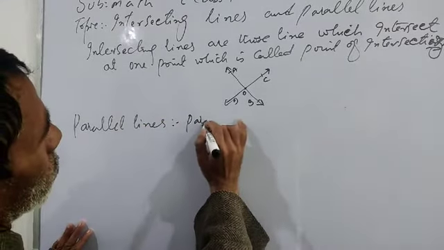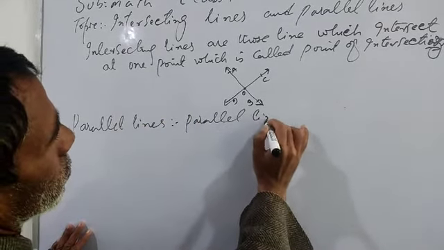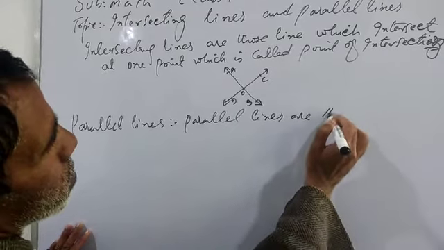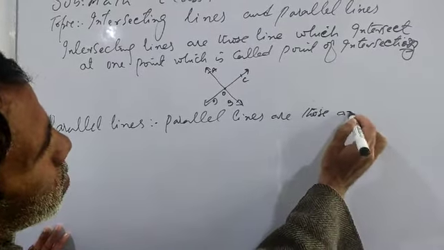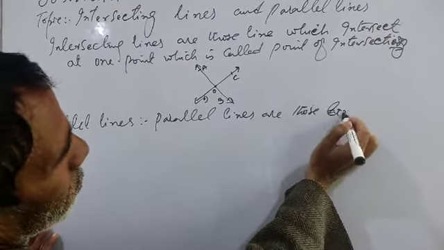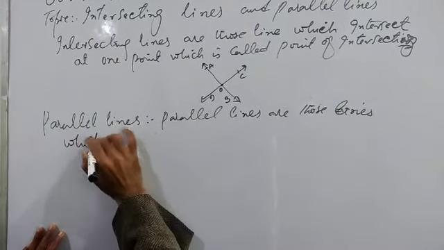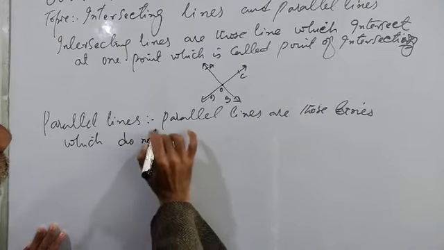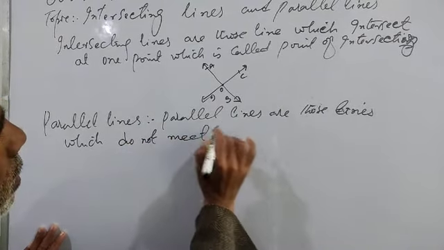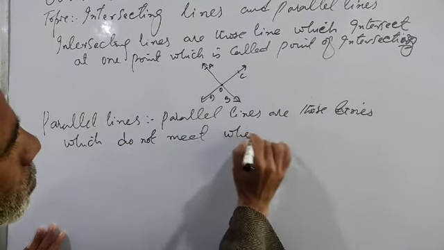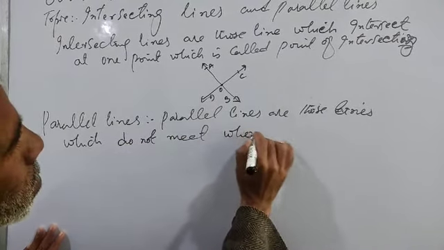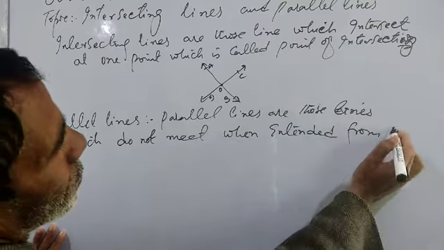Parallel lines are those lines which do not meet when extended from both directions.